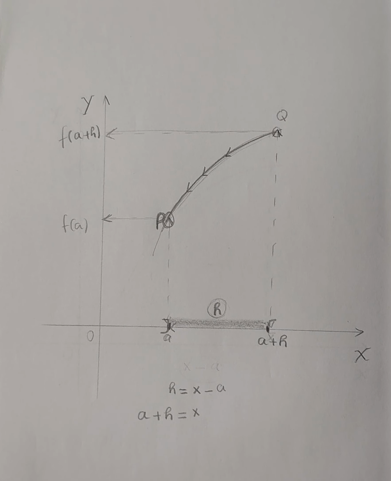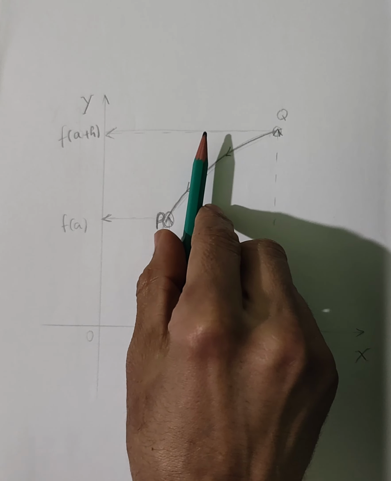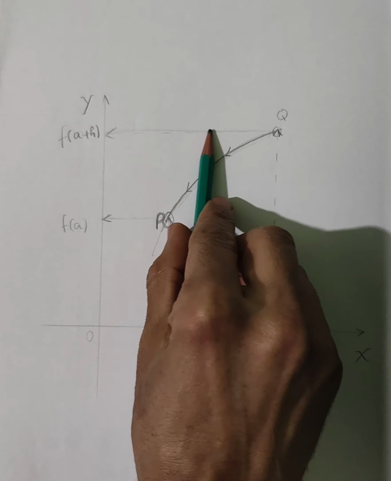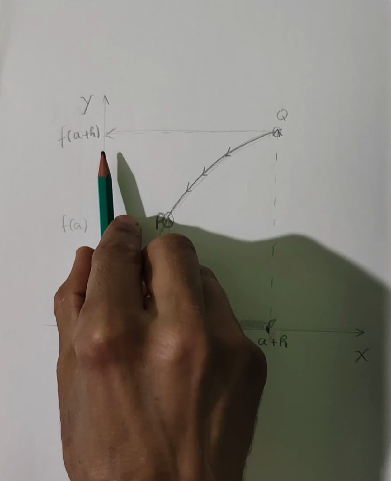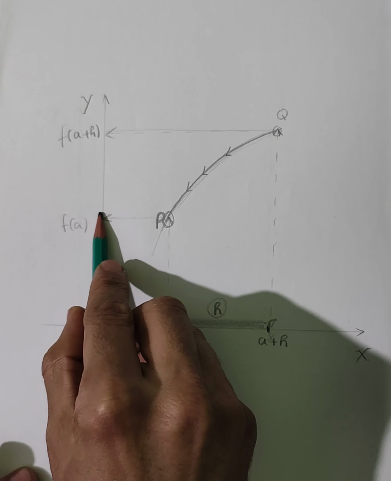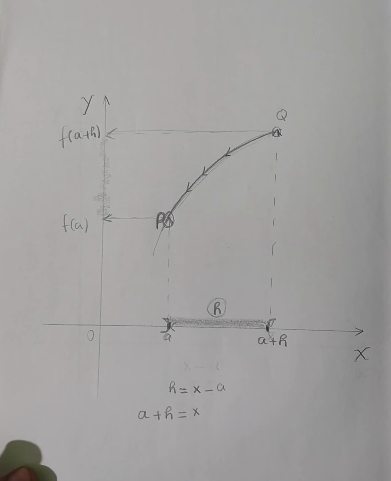So our range is the growth rate here from here to here. So from here to here is this distance.